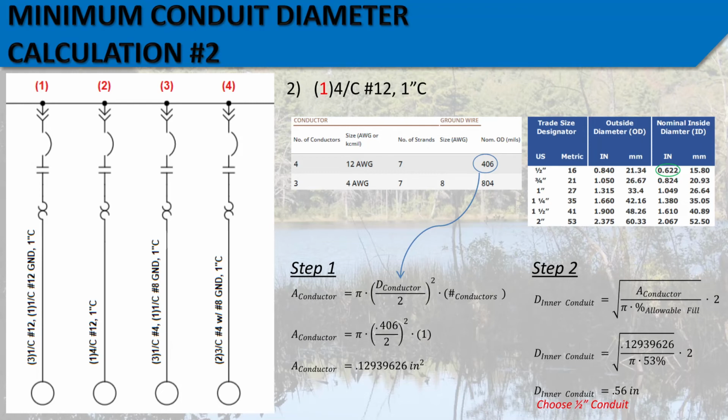Once we calculate that, we come out with an inner conduit diameter of 0.56 inches. And same as before, in accordance with our data sheet, half-inch trade conduit has an inner diameter of 0.622 inches. Again, it would be completely acceptable to use half-inch conduit for this cable.